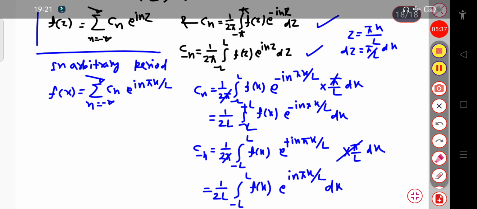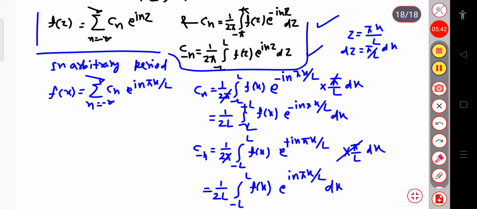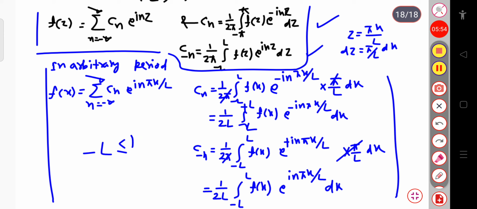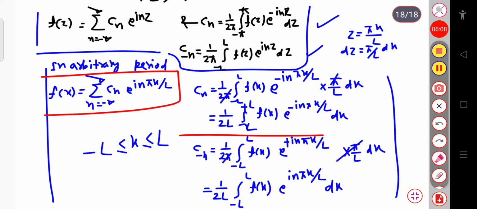In this part we have represented it for the arbitrary interval minus L to plus L. So our function f of x equals the summation over n from minus infinity to plus infinity of Cn exponential i n pi x by L, and Cn equals 1 by 2L times the integral from minus L to plus L of f of x exponential minus i n pi x by L dx.